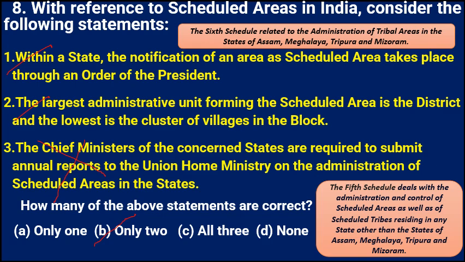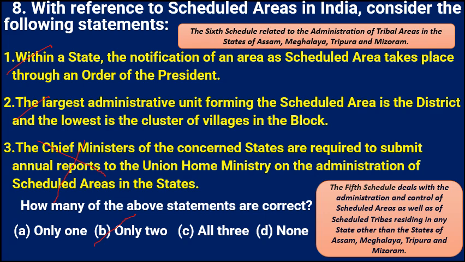Now under the 5th schedule there are 10 states, means in 10 states there are scheduled areas under the 5th schedule. Now let us see what is the criteria for the recognition of an area as a scheduled area. Number 1, not less than 50% of the tribal population.